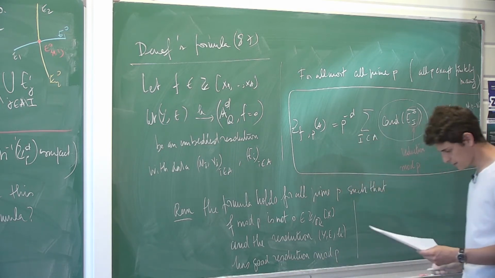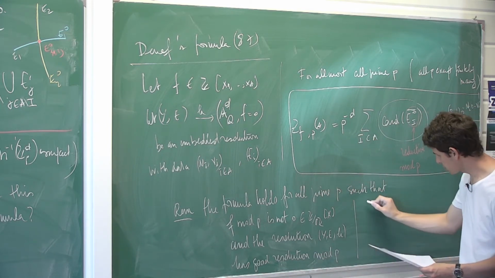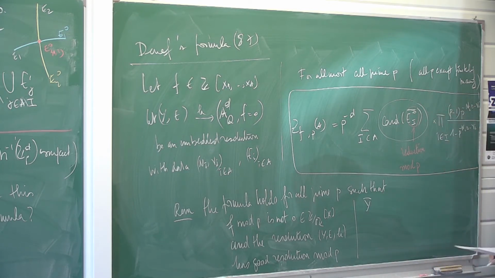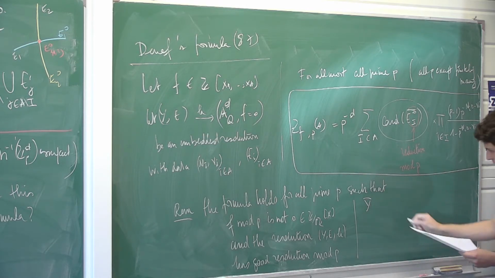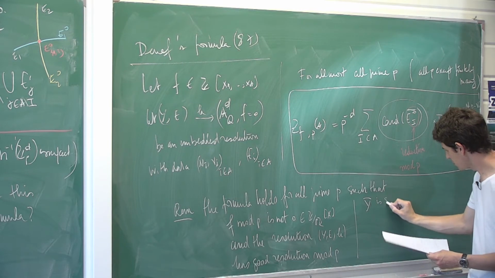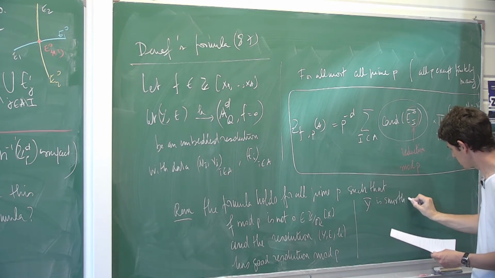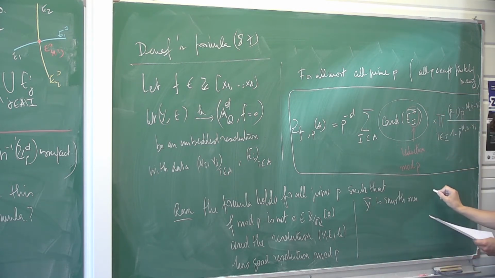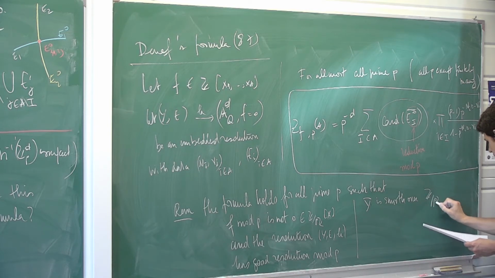So what is that? First of all, when you take the reduction modulo p of Y, this is smooth over the finite field F_p.